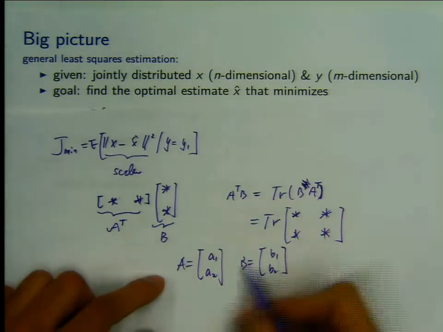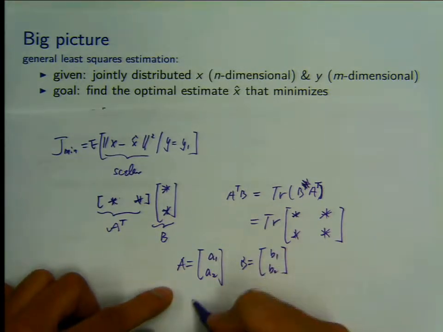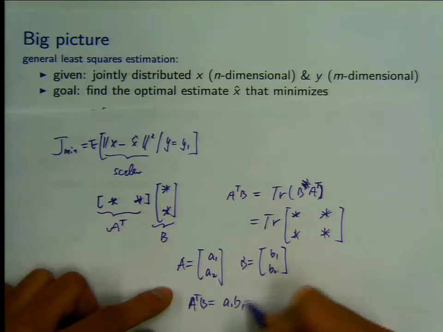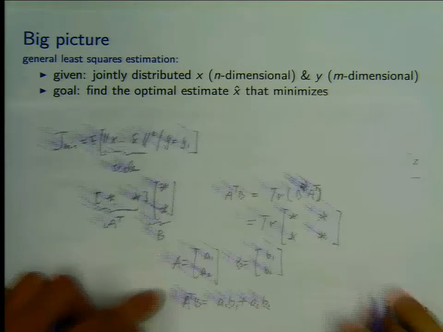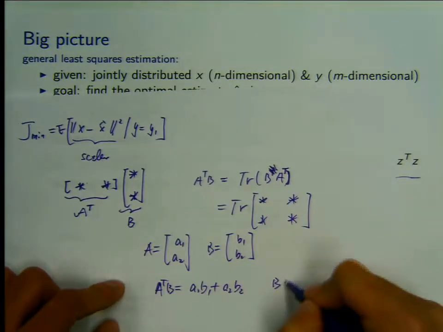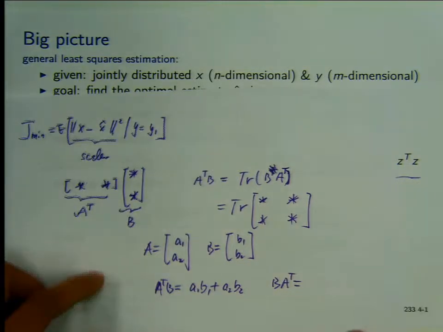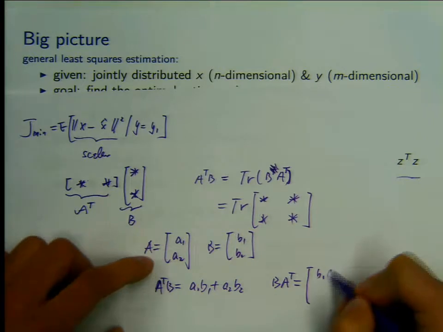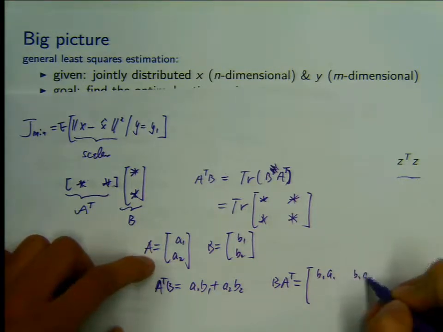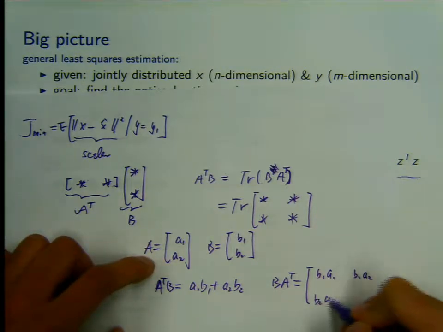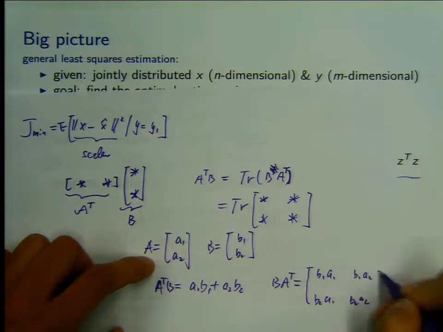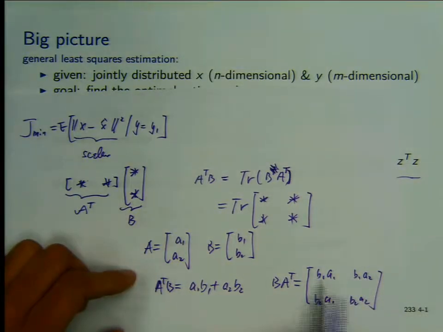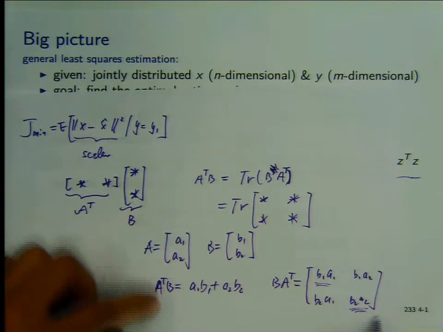A transpose B equals A1 B1 plus A2 B2. Now B times A transpose is the matrix with B1 A1, B1 A2, and then B2 A1, B2 A2. Taking the trace of this matrix gives this guy plus this guy, which equals this guy.